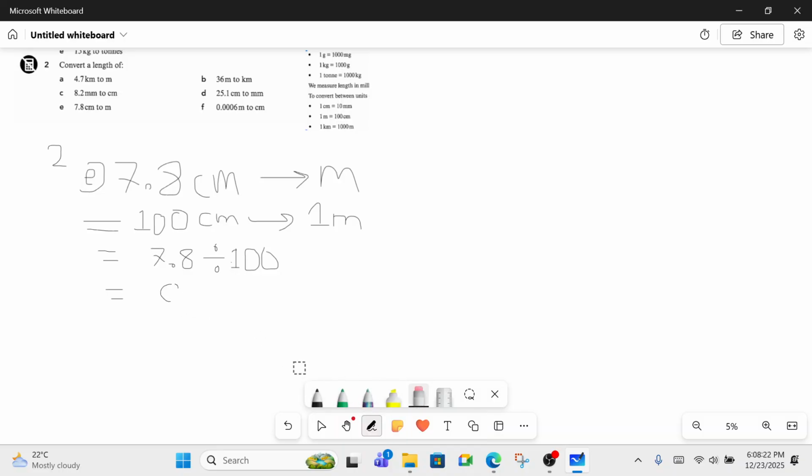Sorry, looks like another 0. 0.078 meters. There. That's our answer. Question number 2E. Let's move on to question number 2F.